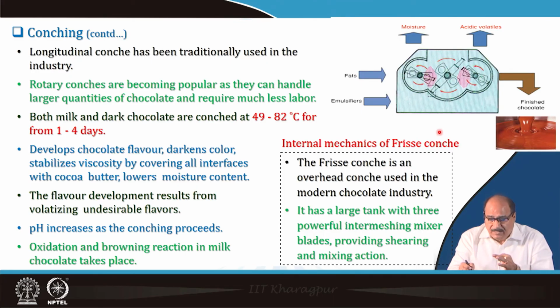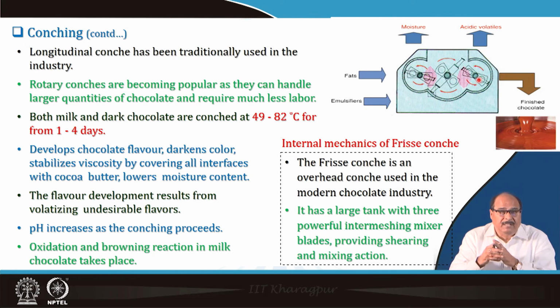You can see here the internal mechanics of the Fisher conch, which is a rotary conche. The Fisher conch is an overhead conche used in the modern chocolate industry. It has a large tank with 3 powerful intermeshing mixer blades providing shearing and mixing action.